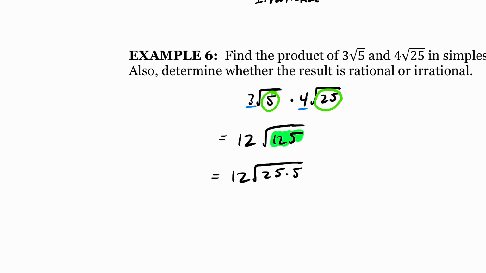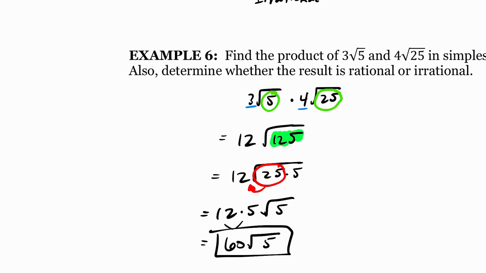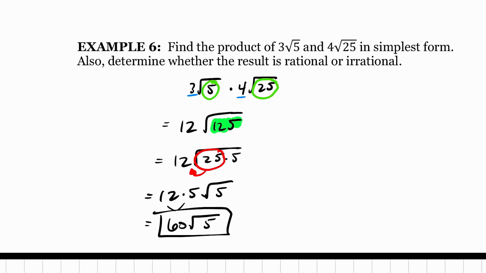And the square root of 25 is 5. So then it's going to be 12 times 5. The other 5 has to stay in because that one's not on my list. And 12 times 5 is 60 root 5. Okay, that's the product. Again, it has a radical left over that we can't simplify. So if it has that, it's going to be irrational.